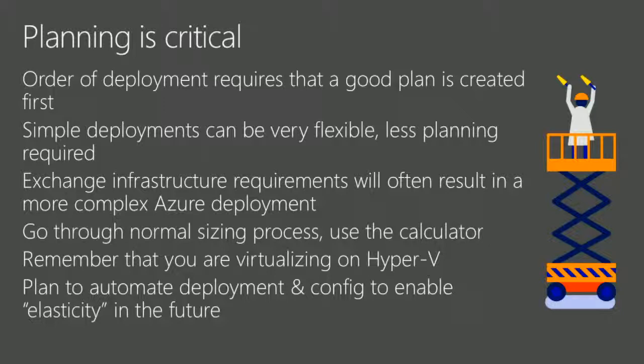All right, enough with the supportability and discussion about different scenarios. Let's talk about the good stuff, the nitty-gritty. So planning is absolutely critical when you think about deploying on IaaS. I learned this the hard way when I started playing with Azure years ago. There's a certain order of operations.